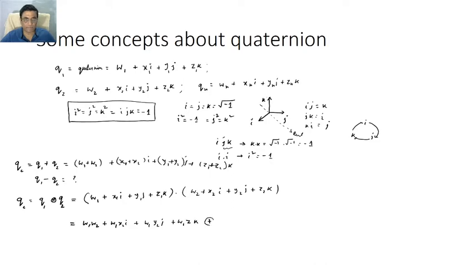So I am putting this sign to tell you that multiplication of this quaternion with this real number has already taken place. Okay, so now I am going to do this.